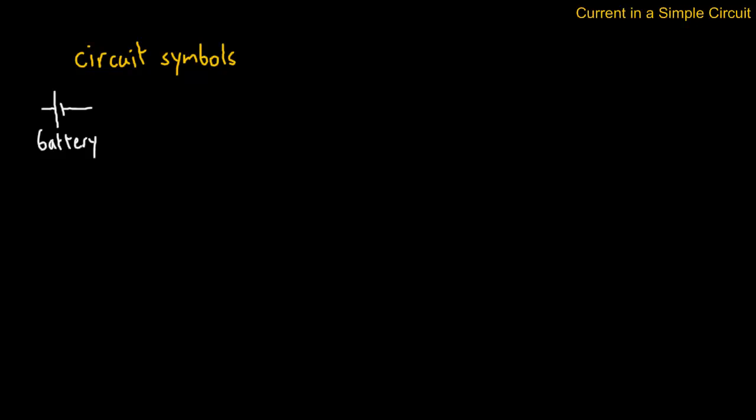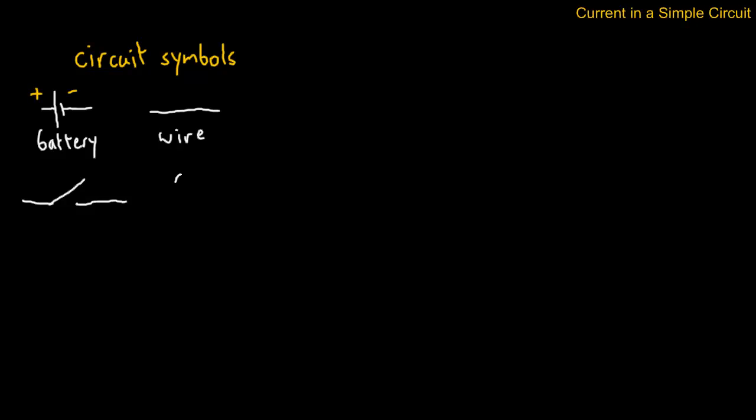This is one cell, and by convention that will be the positive terminal and that will be the negative terminal. Connecting wire is easy. It's the wire. The switch that we saw is shown like that when it's open.